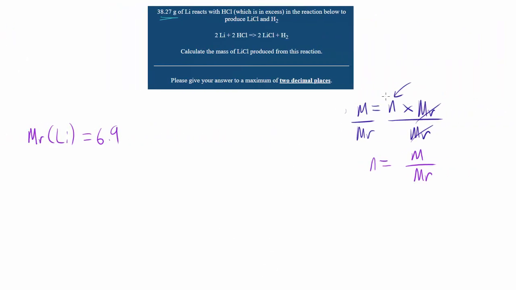We use that value now in this equation. So the moles of lithium is equal to 38.27 divided by 6.9. I invite you to have a go, work that out and see what you get.